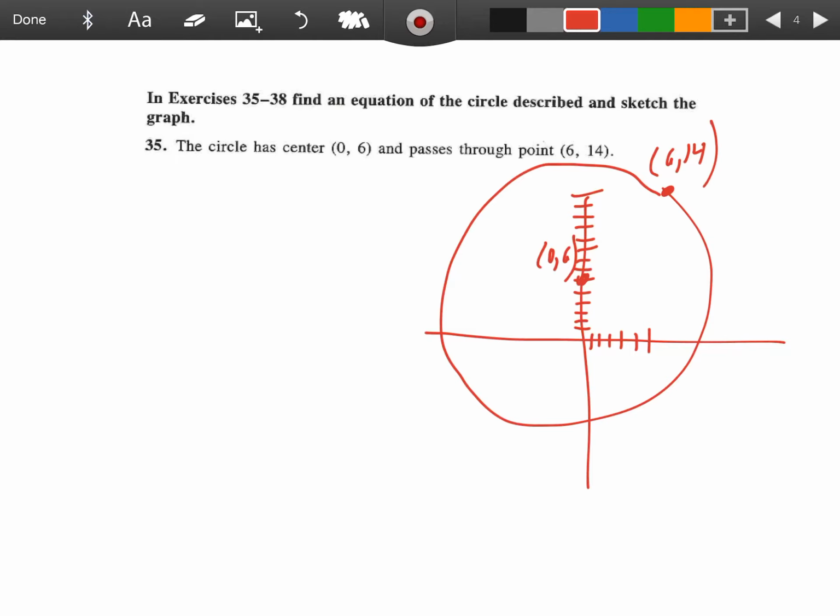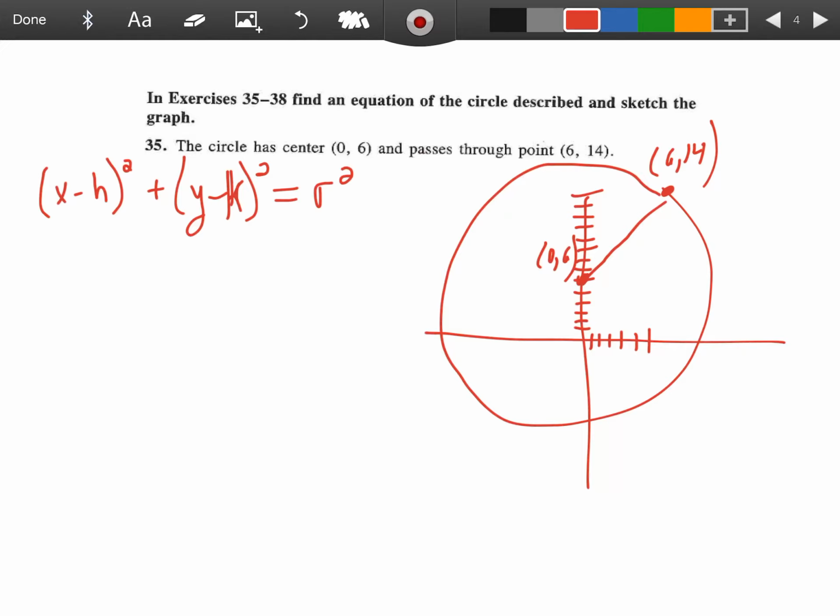So if the circle has a center 0, 6 and passes through the point 6, 14, well, I already have the center. What else do I need in my equation? My equation is x minus h squared plus y minus k squared is equal to r squared. So the only other thing I'm looking for is the radius. I have the center.